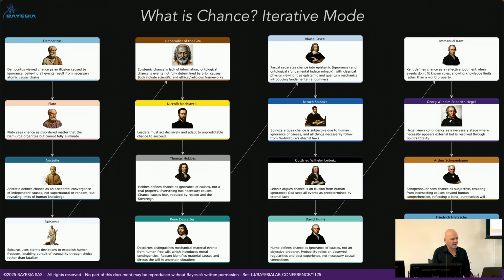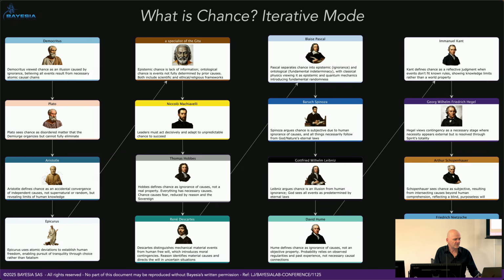As you can see, these images have been generated by using Elixir. So it's quite nice, I think, to have these guys represented like that. And here I have, as I said, the iterative mode. So each one is answering the question, what is chance, by taking into account the previous answer of the other one.